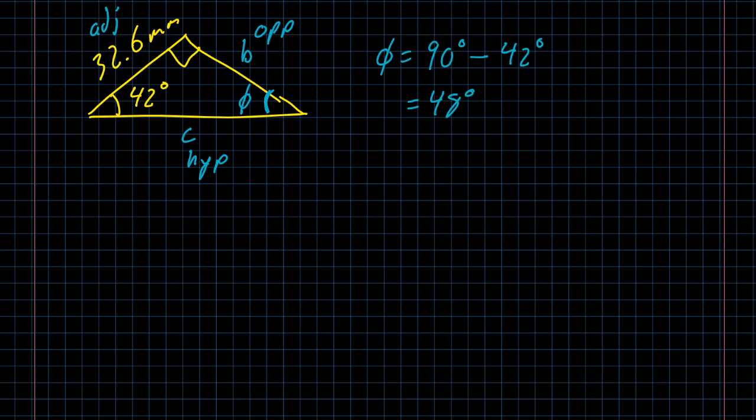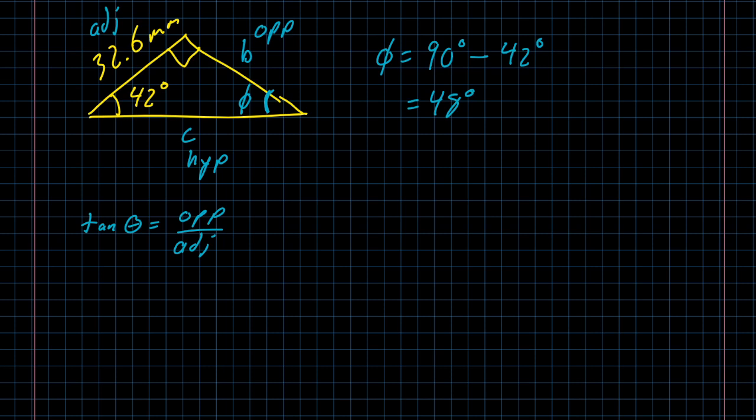If I want to figure out side B, that means I'm looking for the opposite side. I know the adjacent side. And I know the trigonometric relationship, tangent of theta is opposite over adjacent.